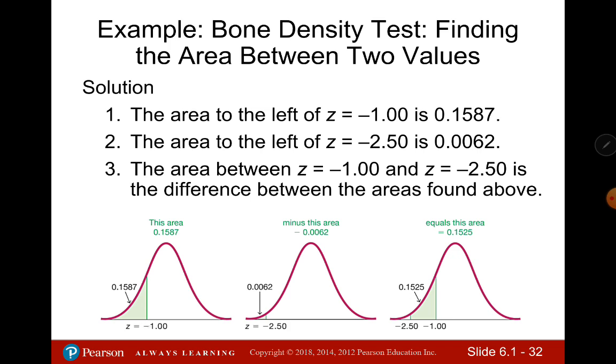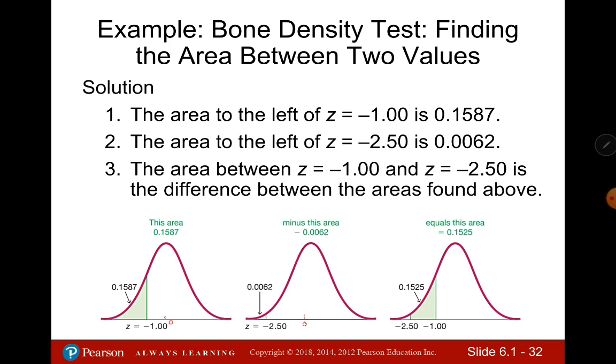So -1, remember 0 is always in the middle. So it's -1 and this one is -2.5. We are interested in this shaded area from -2.5 to -1. So how can we do this kind of problem?